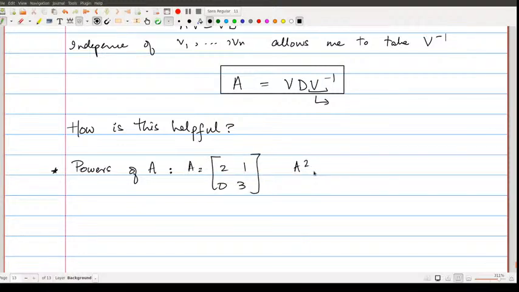If I want to do A squared, then I have to do this matrix multiplication: 2, 1, 0, 3 times 2, 1, 0, 3. So let's see how many calculations I need to do.